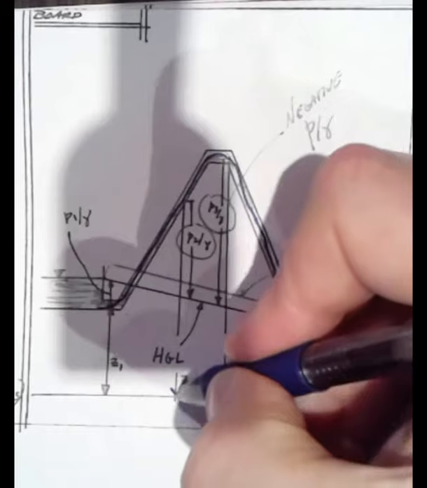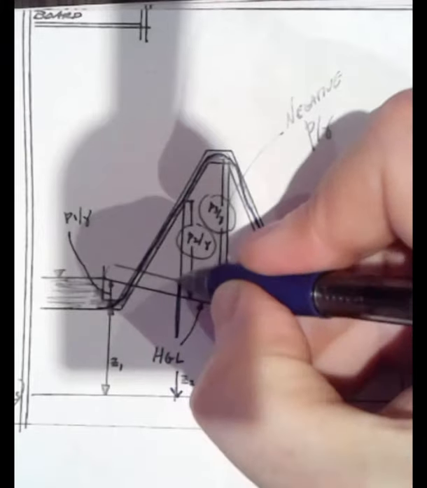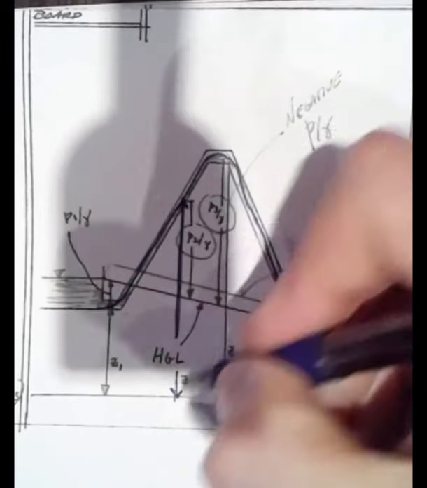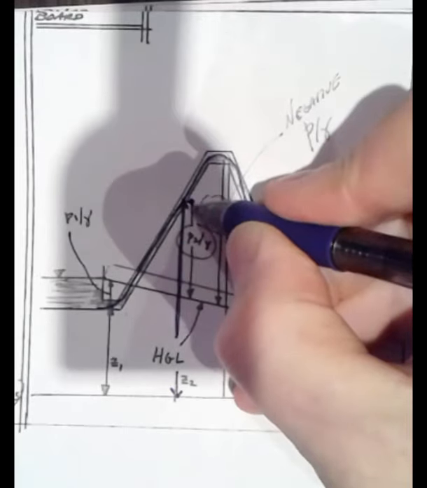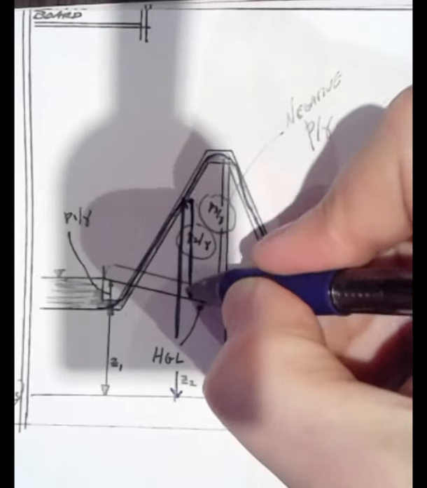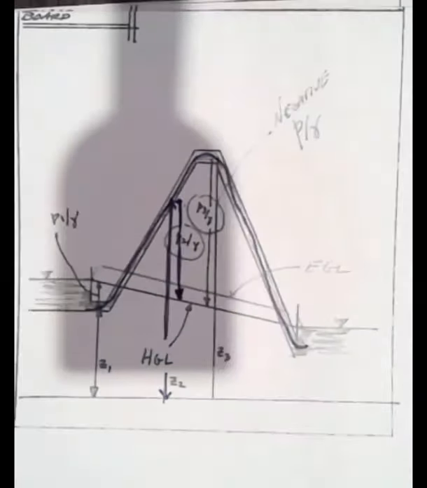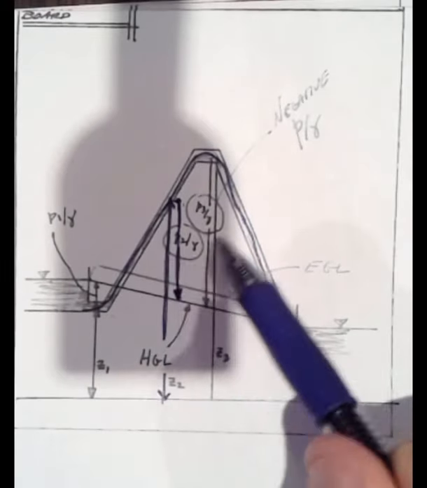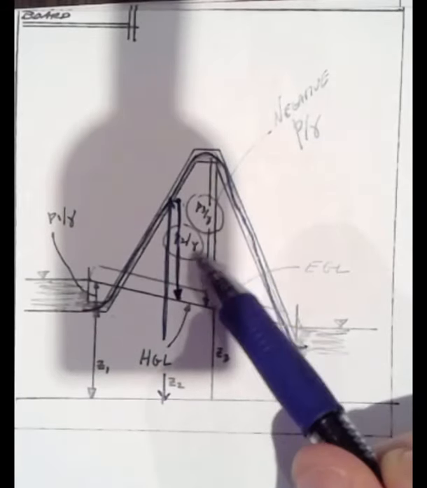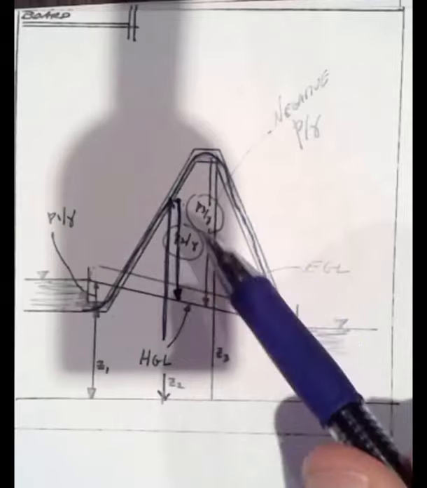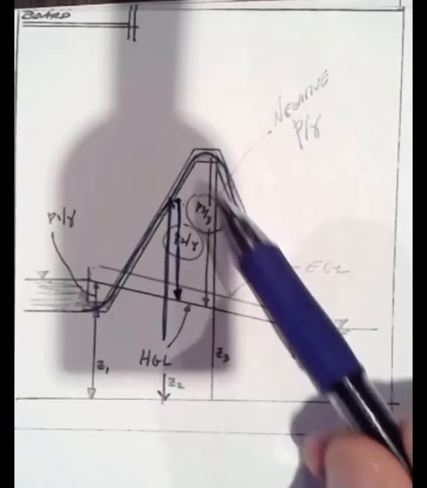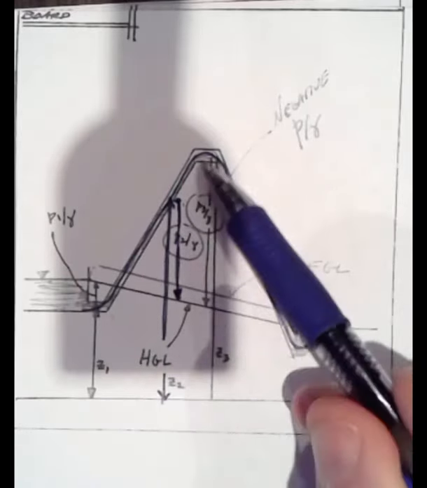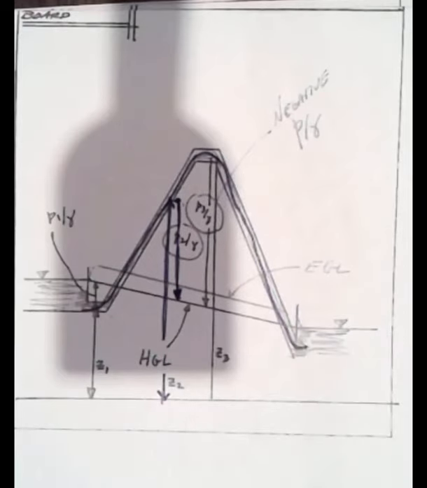Somewhere up on the hill, the elevation to the center line of the pipe is this value, Z2, but the pressure is measured back downward to the hydraulic grade line, and so we can have areas of negative pressure. And as long as they don't get too negative, that's not horrible, but if they get to around 10 meters negative or 1 atmosphere, then we're going to have a problem, and actually the siphon will break.